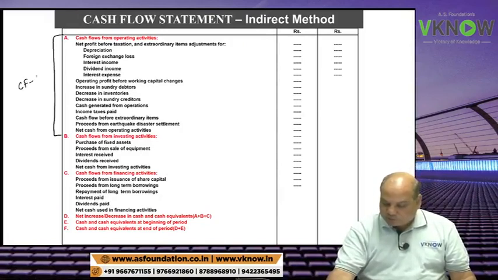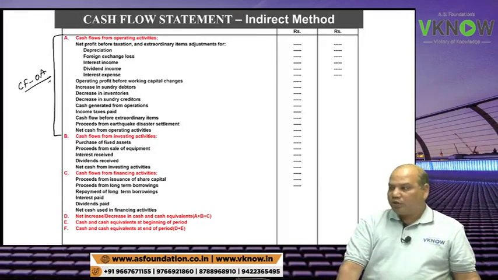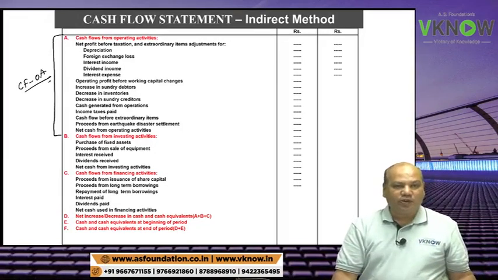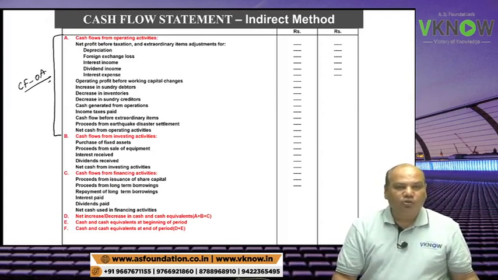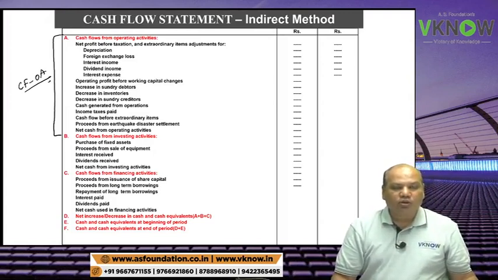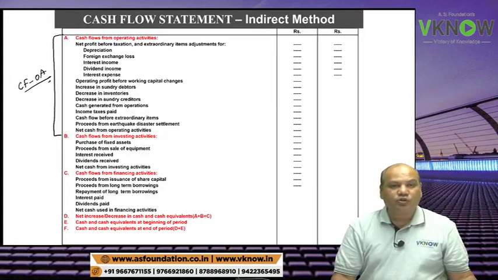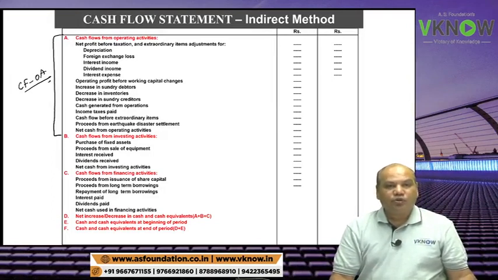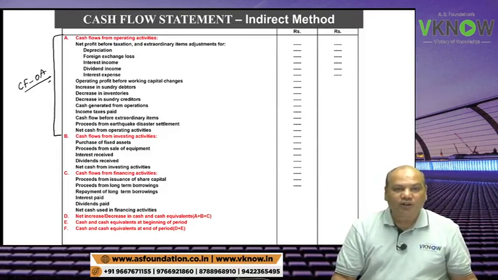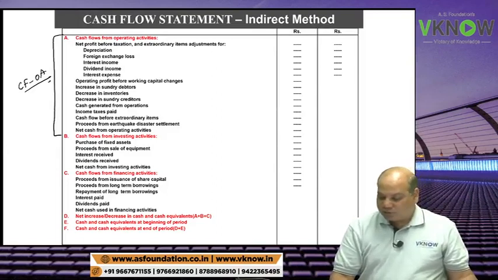Only the cash flow from operating activity presentation is different. Remember, the answer will be the same whether you follow direct method or indirect method. But if the institute asks you for a certain method, you will have to follow that method only. Then we don't have a choice.